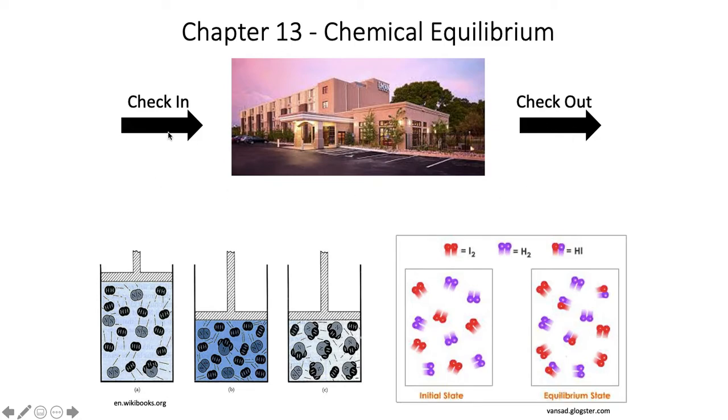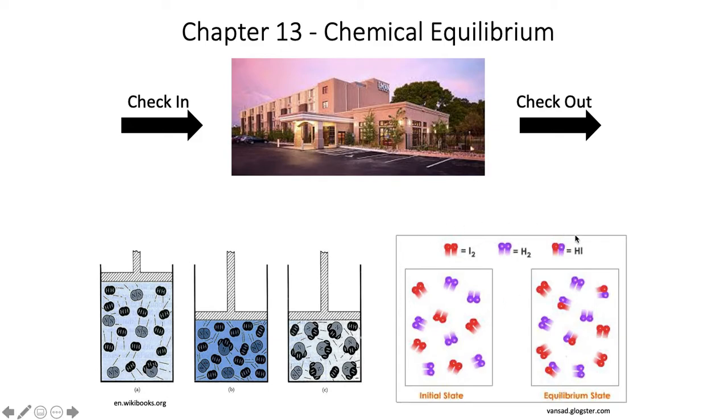If the number of people that check in is the same as the number that check out, we do not have a change in the amount. We just have a change in the identity of the people in the hotel. I want you to keep that in mind when you're thinking about a chemical equilibrium because it is very similar to that.